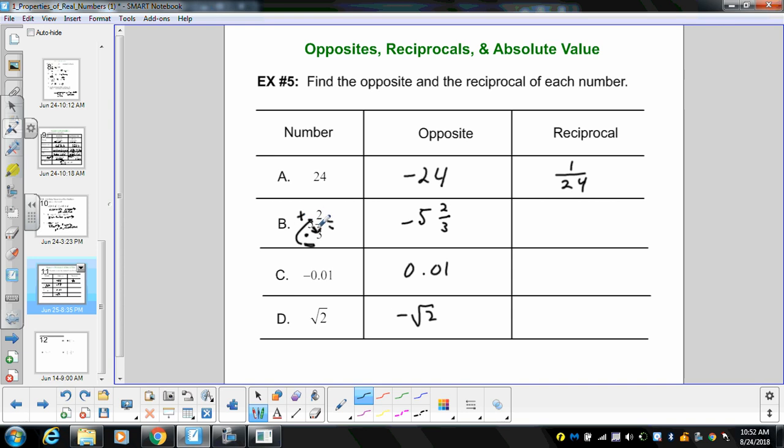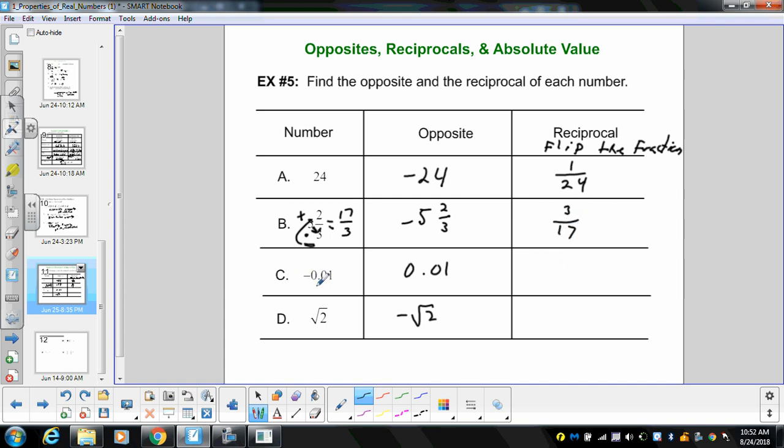So 5 times 3 is 15, plus 2 makes 17 over the original denominator, which is 3. If I wanted the reciprocal of that, all I got to do is flip the fraction. So that just becomes 3 over 17.